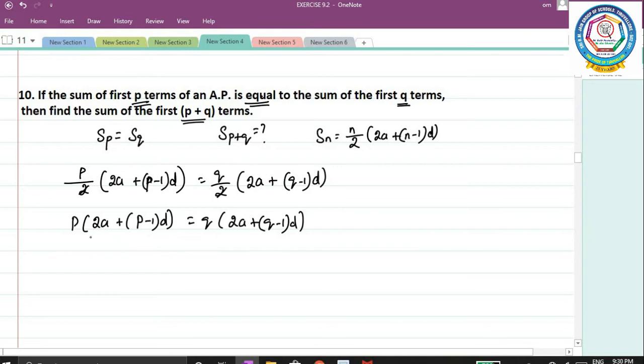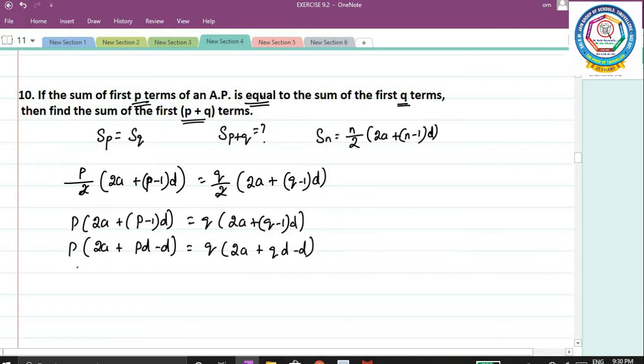So how am I going to find it? First I have to remove the bracket. So p into 2a plus pd minus d equal to q into 2a plus qd minus d.